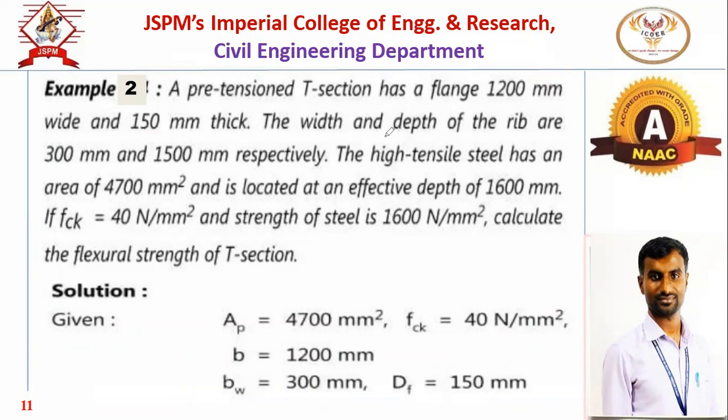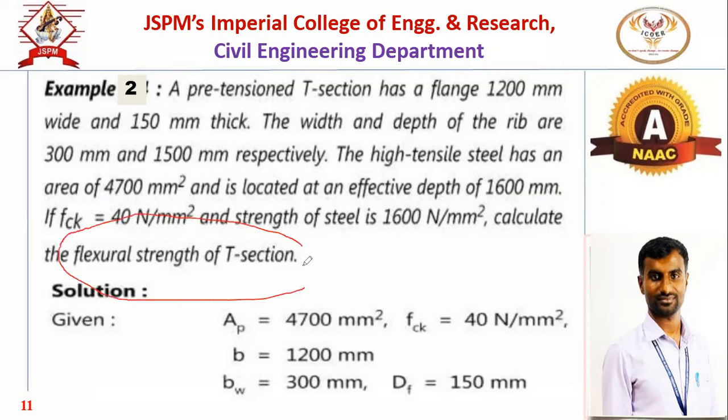Then the width and depth of the rib are 300 mm and 1500 mm respectively. High tensile steel has an area of 4700 mm square and is located at an effective depth of 1600 mm. If fck is M40 and strength of steel is 1600 MPa, calculate the flexural strength of the T section.